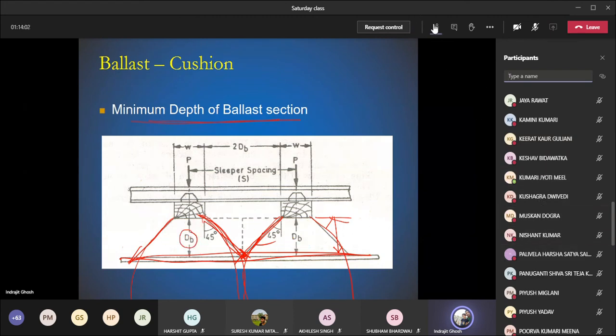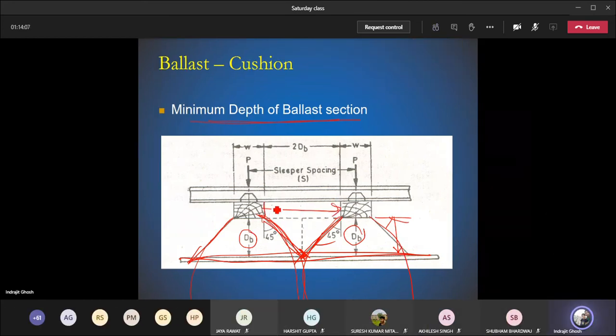So this is dB, this is dB. The distance between the two sleepers, not the sleeper to sleeper clear distance, but the center to center distance from one side of the sleeper to the other side of the sleeper, is 2 dB. Or if I say sleeper spacing is equal to 2 dB plus half of this width, half of the other width, which is nothing but S is equal to 2 dB plus W by 2 plus W by 2.